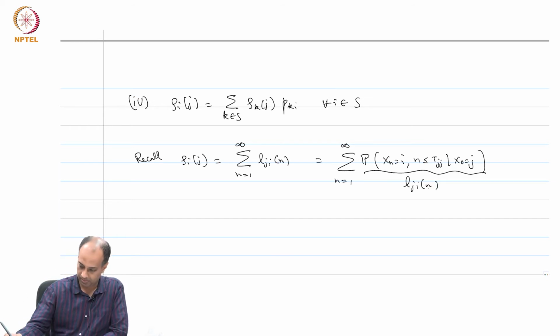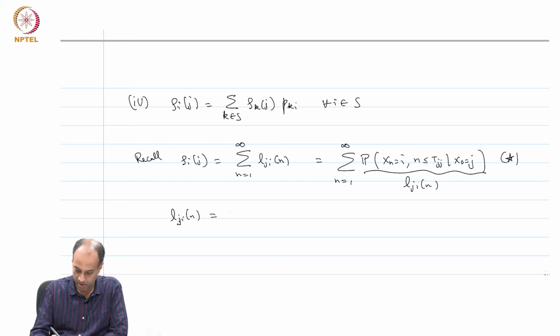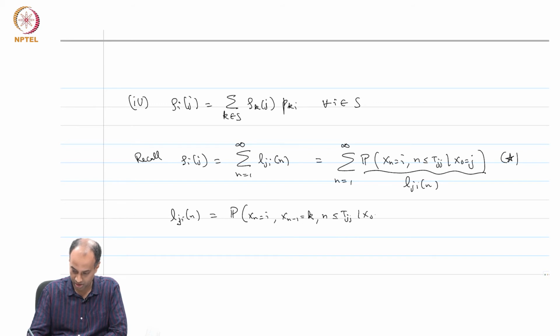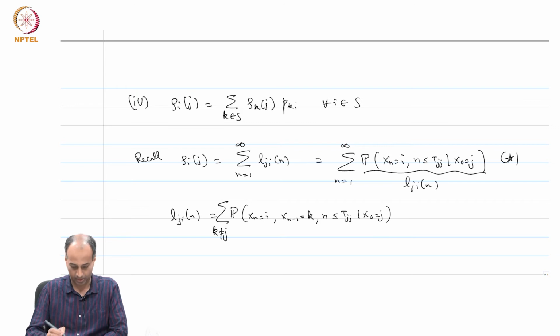Let me call this star. Now, L_ji of n is equal to the probability that X_n equals i, and I am going to say X_{n-1} equals k, n less than or equal to T_jj, given X_0 equals j, and I am going to basically sum over all the k where k is not equal to j.